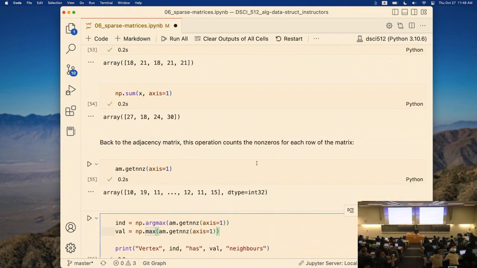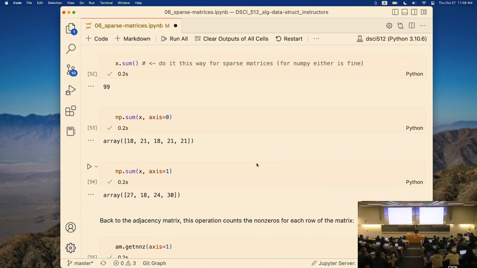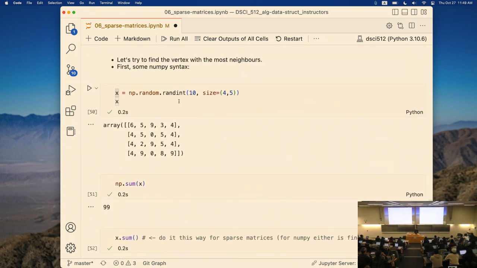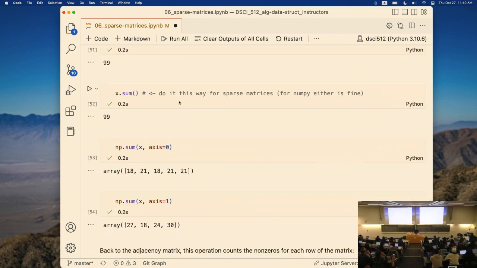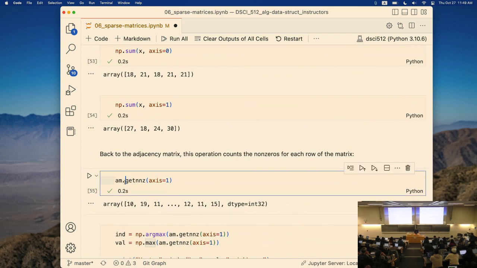So this one is a NumPy array, and the other one, the AM matrix, is a sparse matrix. This was just to show that this works for NumPy arrays, and it also works for sparse matrices.